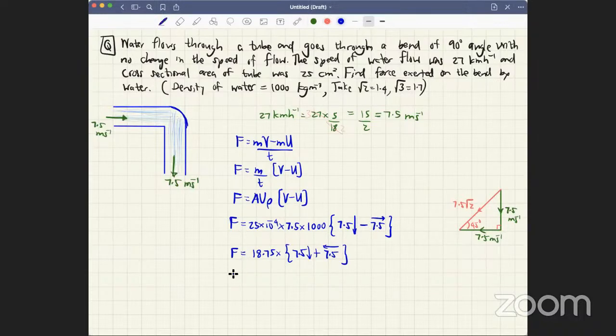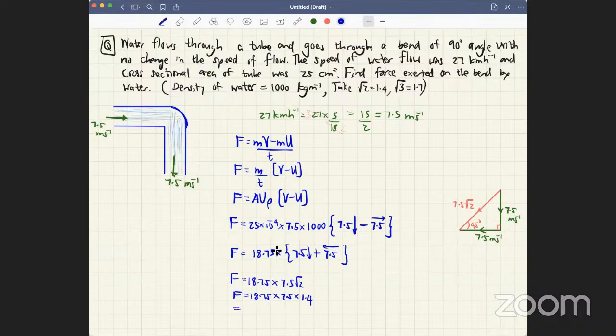So you have to say F is equal to 18.75 multiplied by 7.5 root 2. Okay, people, F is equal to 18.75 into 7.5 into 1.4. Unfortunately, there are too many decimals to deal with, right?